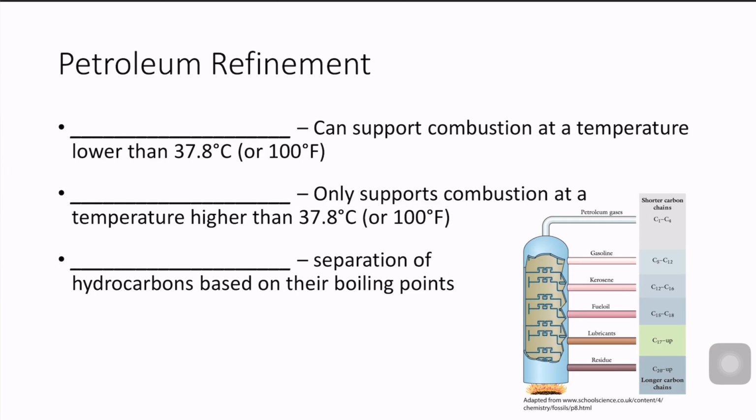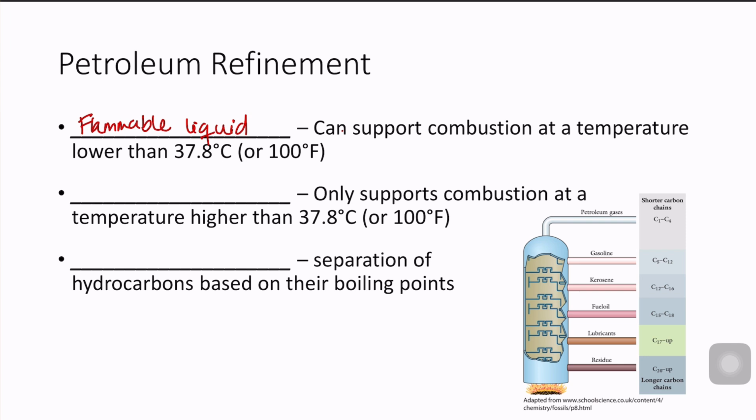When you are undergoing petroleum refinement, we have different types of liquids. So, a flammable liquid can support combustion at a temperature that is lower than 37.8 degrees Celsius or 100 degrees Fahrenheit.